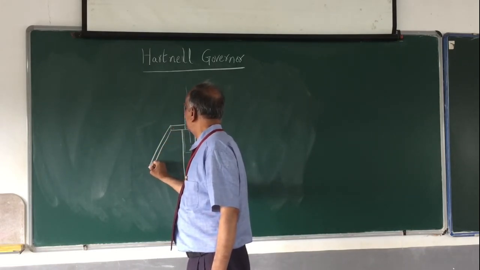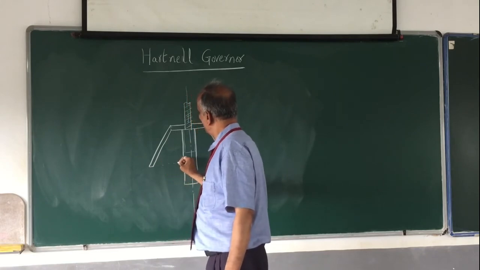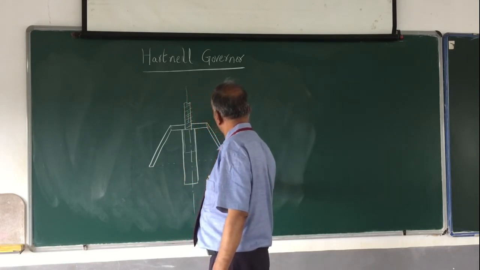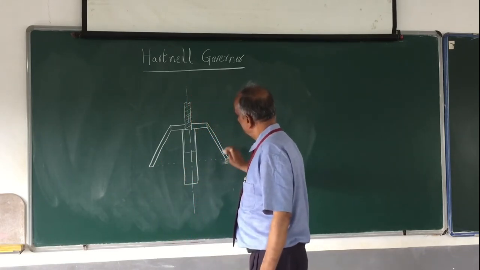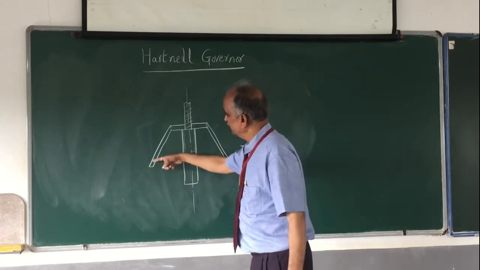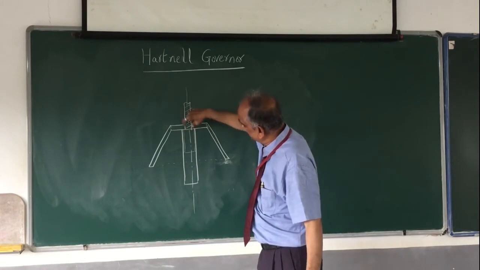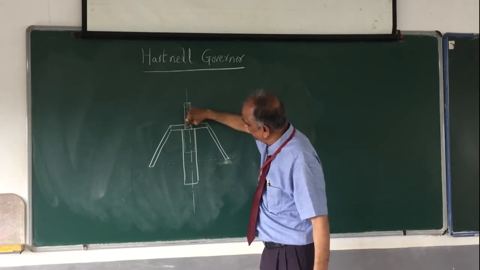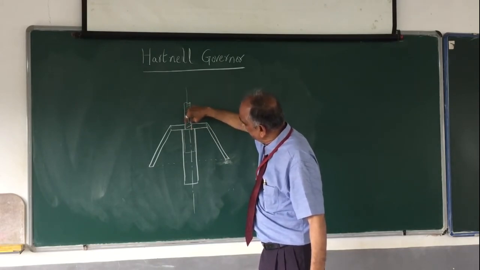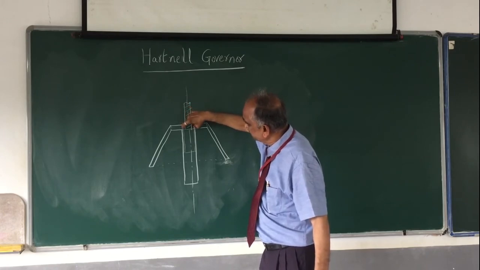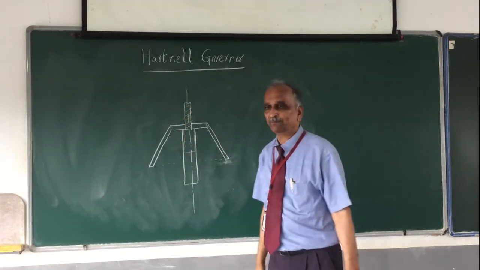The diagram is supposed to be symmetric. Whatever this arm-like thing is, there is a hole here, and the hole is of this size only, and therefore this can come up to here only, and further cannot come down.